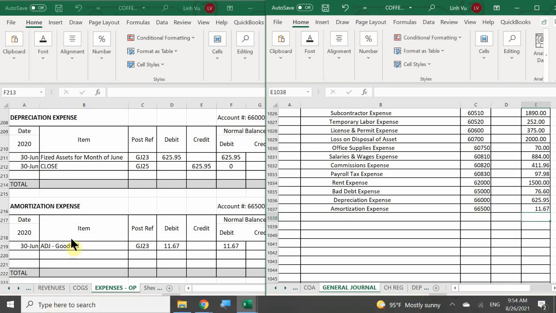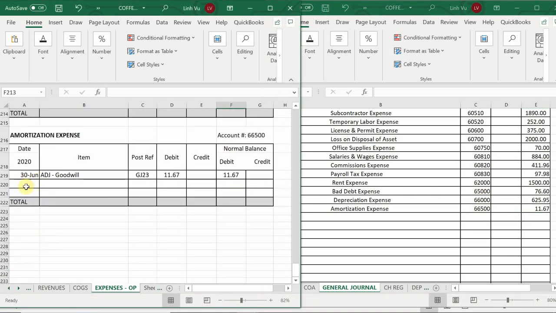Okay. Which brings your account balance to zero.